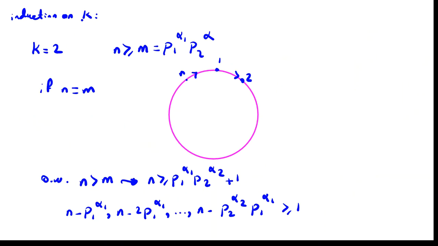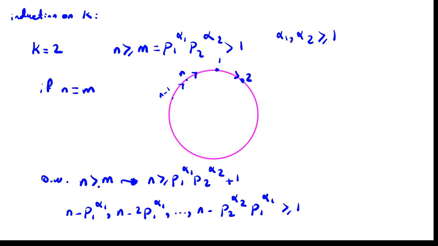So if we use induction on k, for k equals 2, we know n is at least m, greater than 1, and α1 and α2 are at least 1. If n equals m, it's easy. You can consider a cycle 1 to 2, 2 to 3, up to n minus 1 to n, and n to 1.